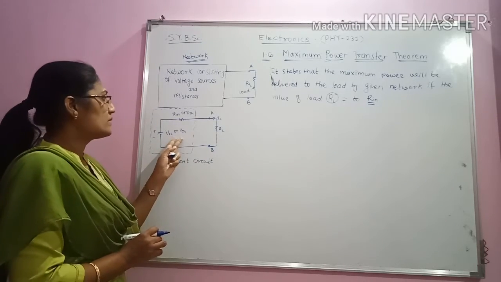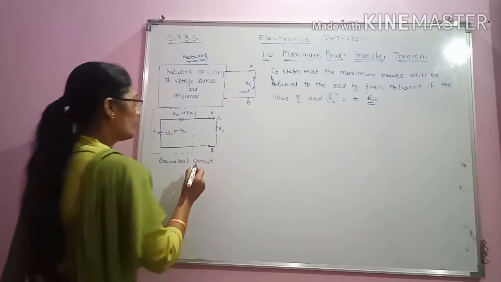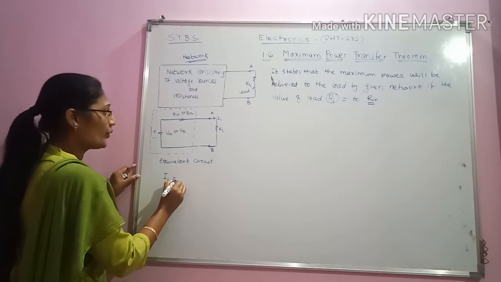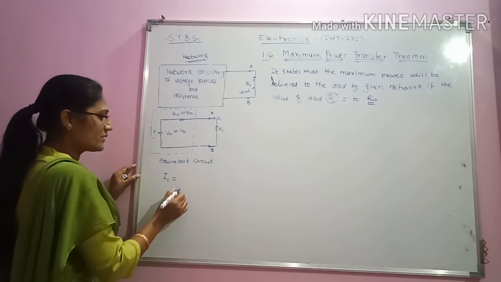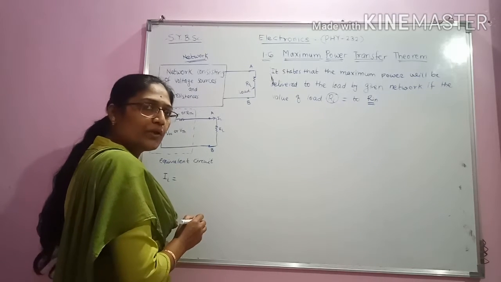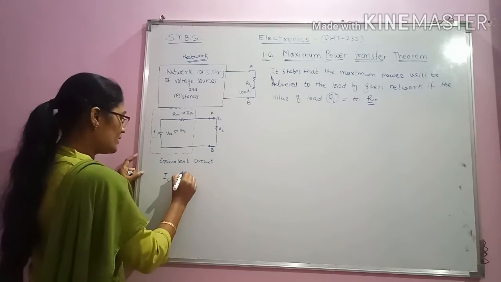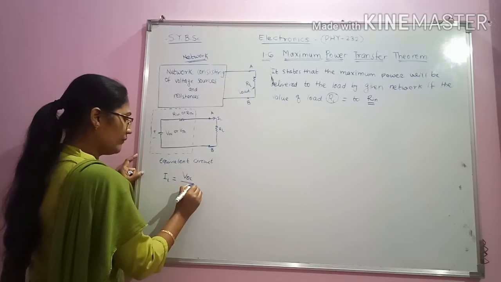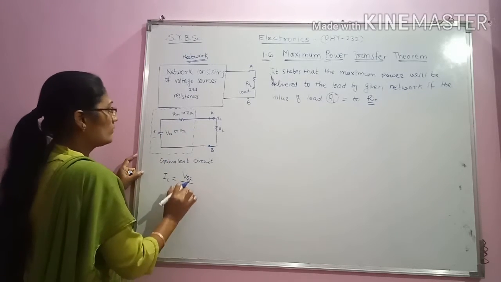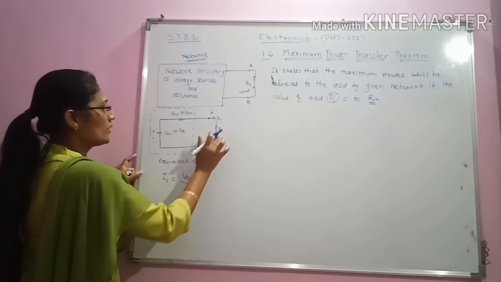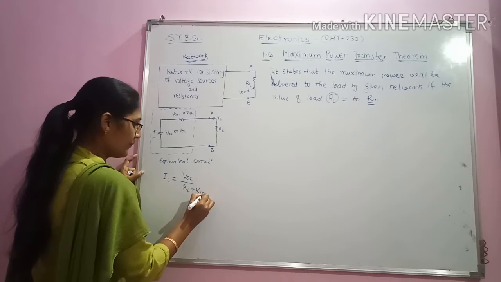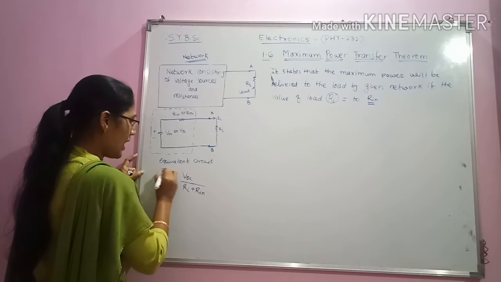Now by using this circuit, we know that the value of current IL which is flowing through this circuit is nothing but V upon R, that is, V is nothing but VOC, the Thevenin's voltage, divided by the series resistances, therefore RL plus Rin. This is the value of IL.